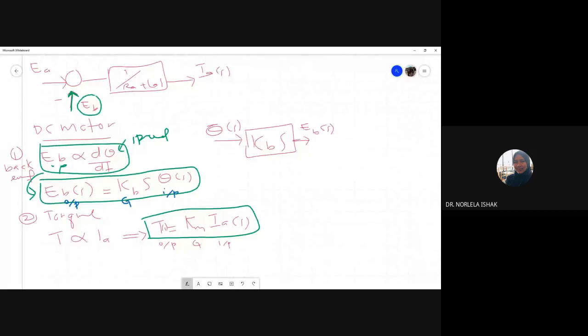From here you can draw the individual block diagram. This is the torque, this is Km, and this is your current. So from the DC motor, you can derive two equations.